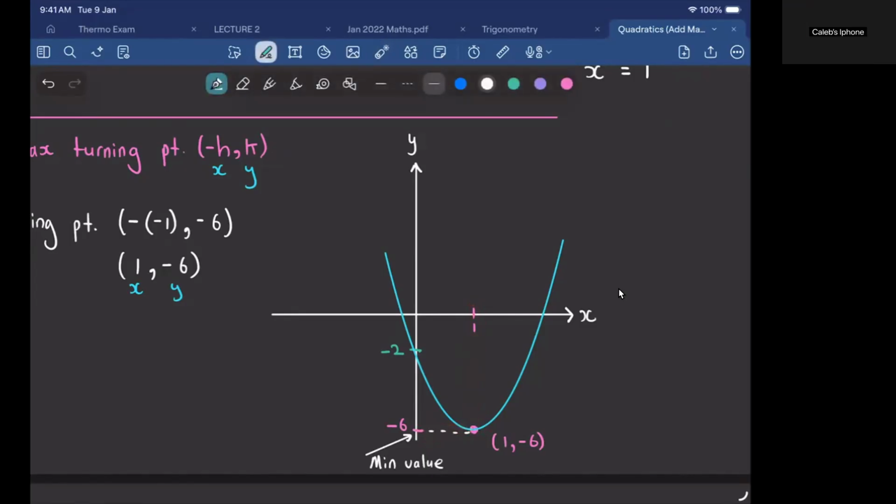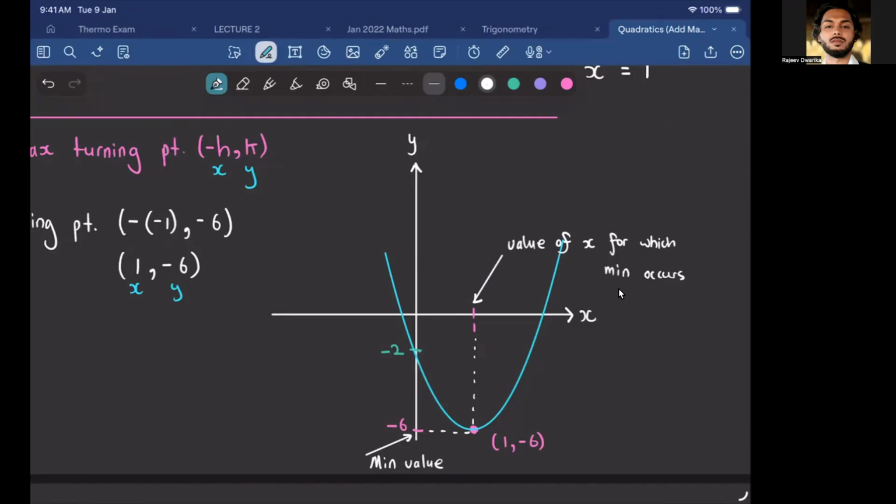Exactly, 1. So when x is equal to 1, what is y? -6. Exactly. So I hope it makes perfect sense. This is the value of x for which the minimum occurs.